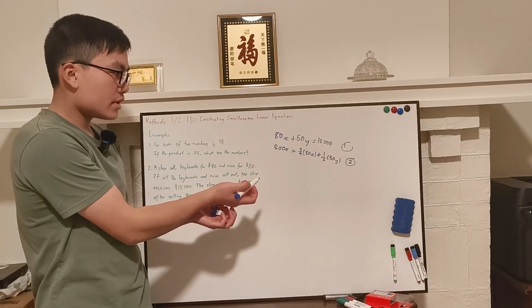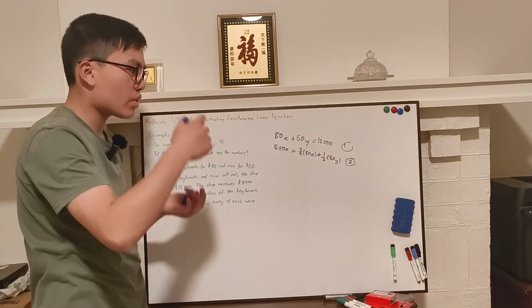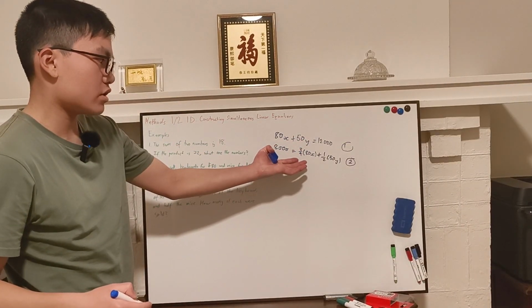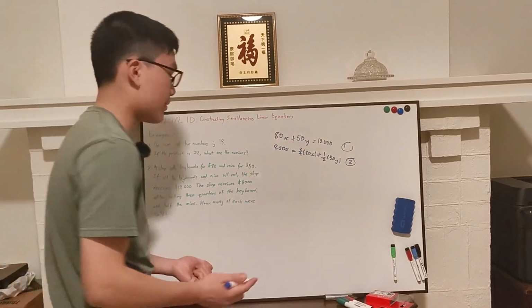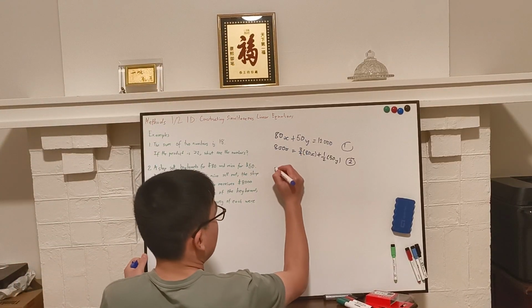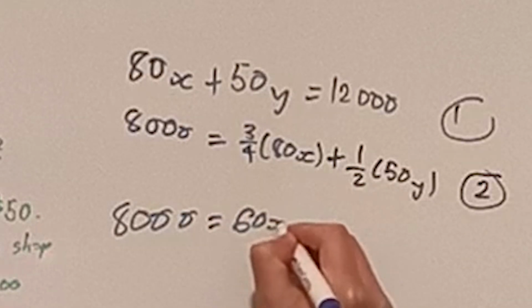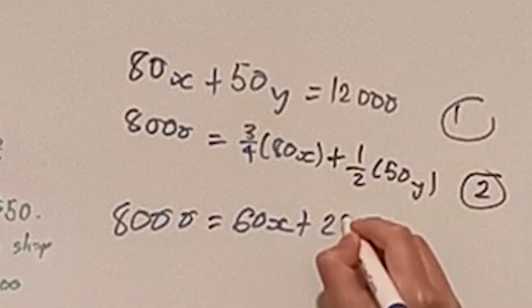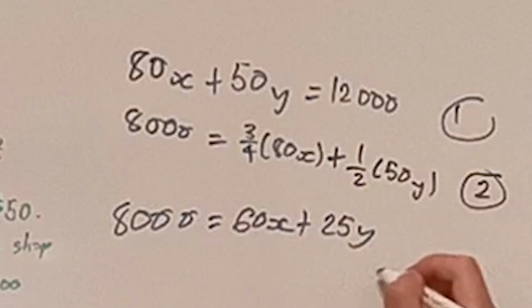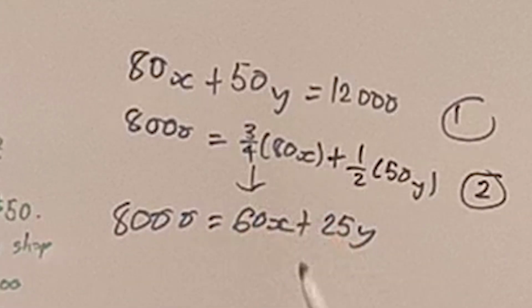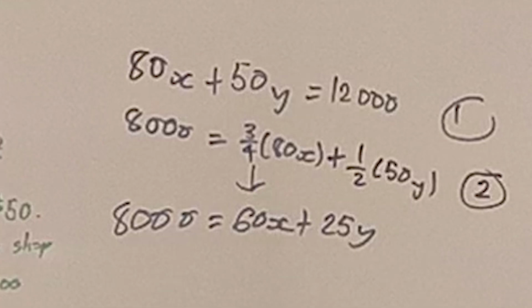What we do now is we can simplify this second equation so that we don't have to deal with 3/4, 80, and half 50. So this simply goes to 8,000 equals 60x plus 25y. And that just means the same thing as the second equation.